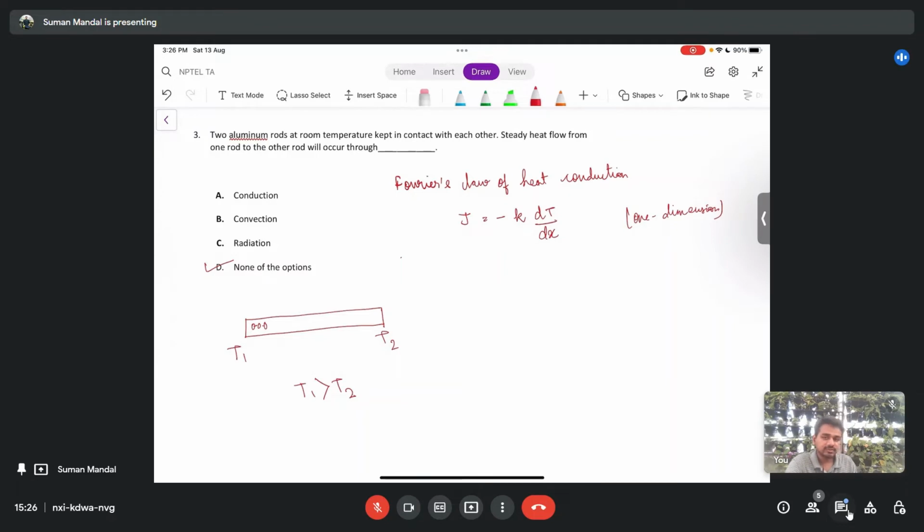Now let's assume you have a pot of molten aluminum, and you are heating from this direction. In this case, what is the mechanism of heat transfer?